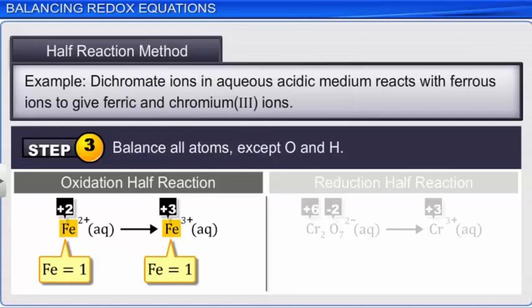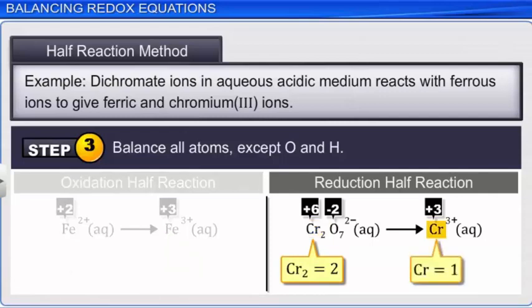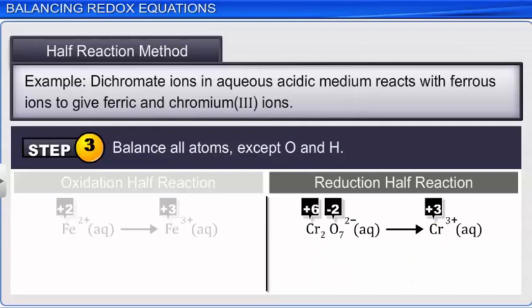In the reduction half reaction, there are 2 chromium atoms on the left-hand side and only 1 on the right-hand side. So, we'll multiply Cr3 plus by 2 to get 2 chromium atoms on the right side too.